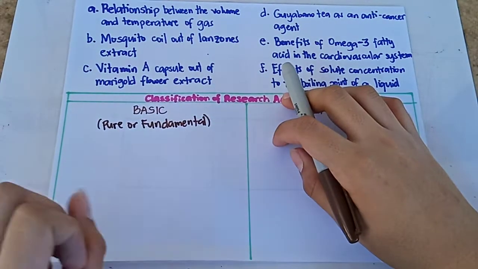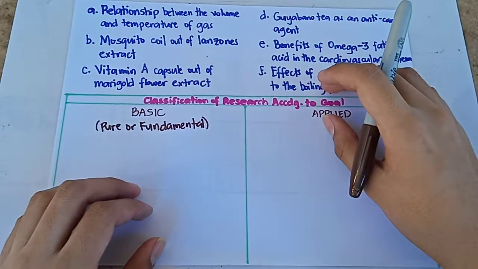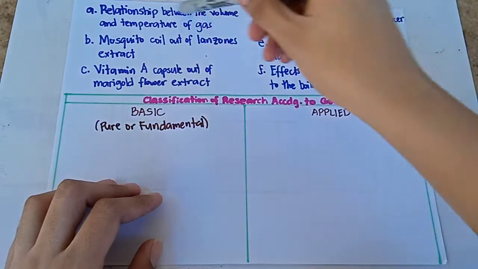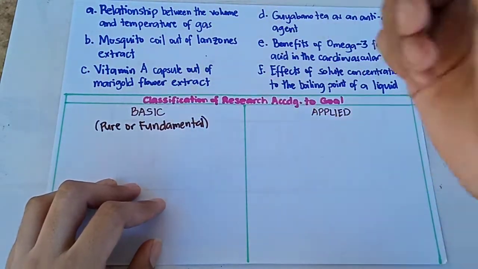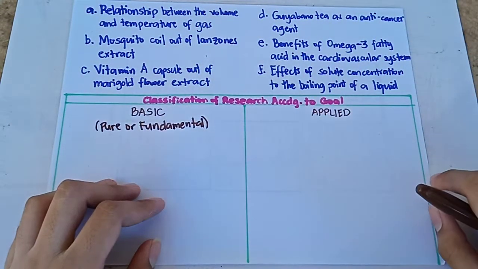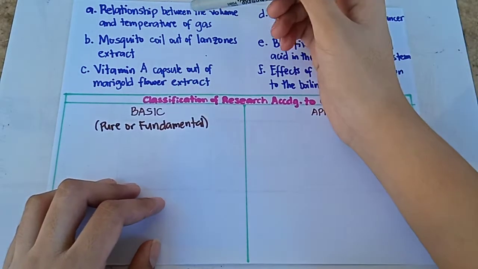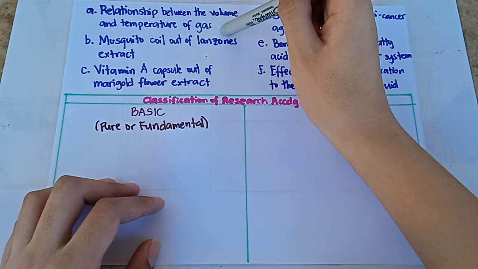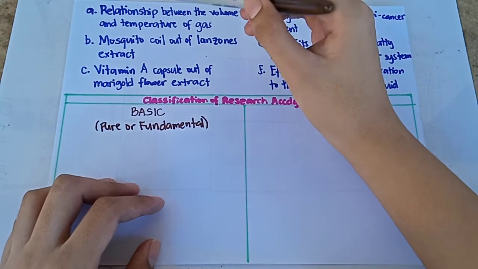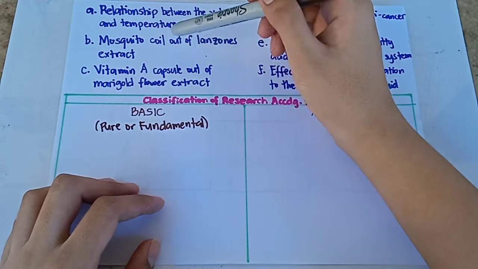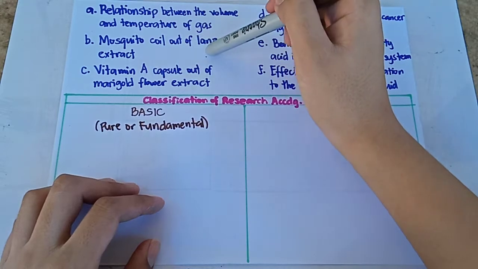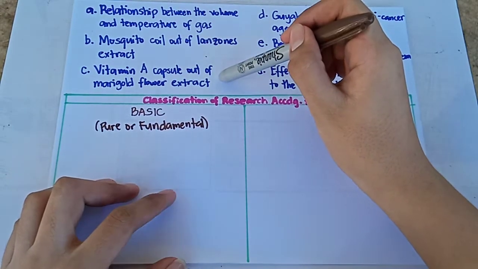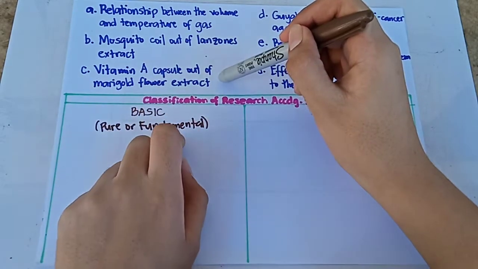To discuss this one, let us first try to classify the following concepts, whether it is basic research or applied research. First, we have the relationship between the volume and temperature of gas. Next, mosquito coil out of Lanzones extract. Next, vitamin A capsule out of marigold flower extract.